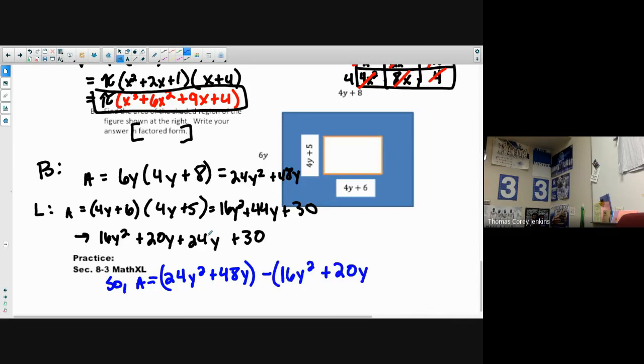We'll call that 44y. I was looking at the wrong spot. 44y and plus 30.